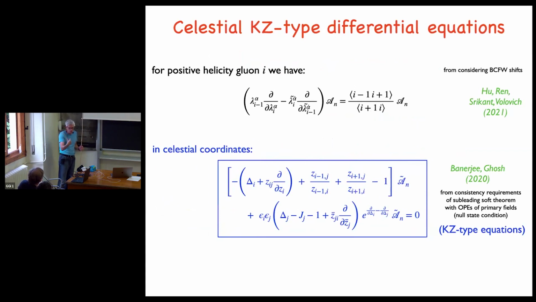It must be solved by the original amplitude, because we started from it. So this is solved by the Parke-Taylor amplitude, but it's solved also by other amplitudes.